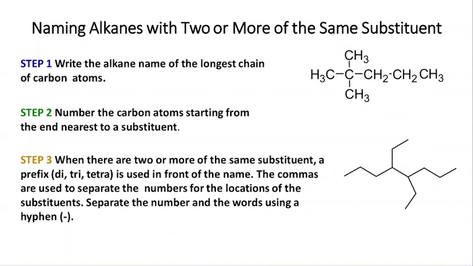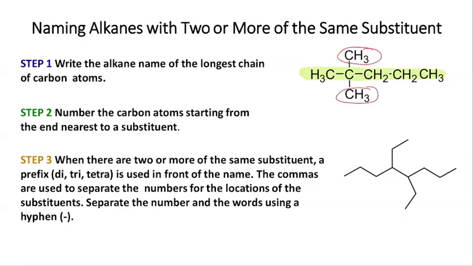How many carbons do we have in the longest continuous carbon chain on the condensed structure? Great job. We have 5. These 5. So that means that we have 2 substituents that are the same. This one and this one, okay?